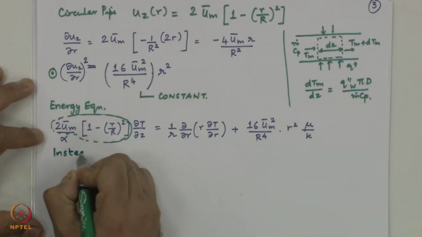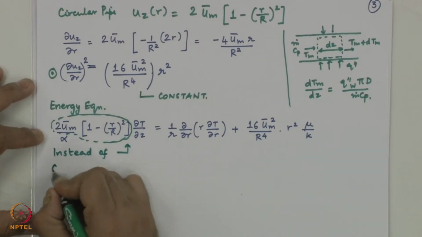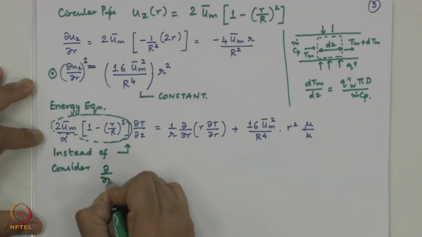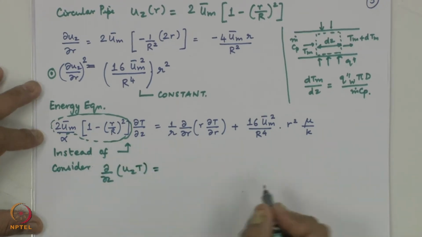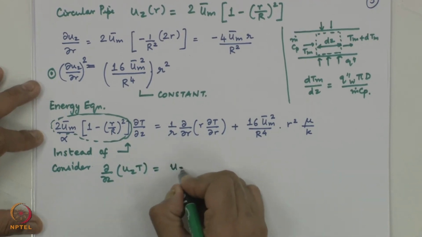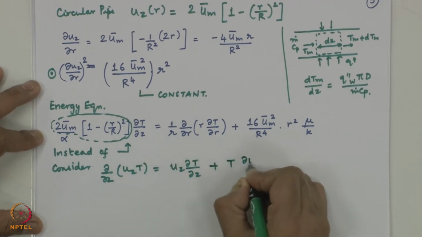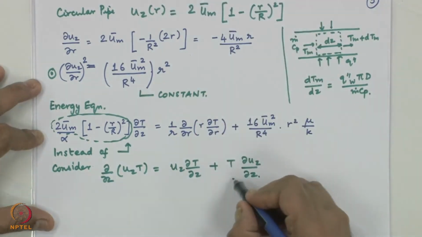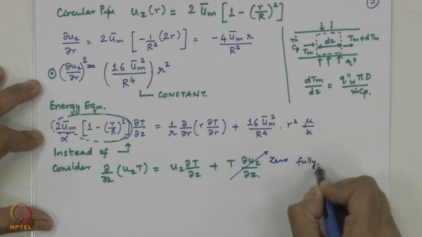So instead of this step, let us consider d by dz of u_z times T. This is exactly what we do all the time. This is nothing but u_z dT by dz plus T times du_z by dz. du_z by dz is 0 because of fully developed flow.